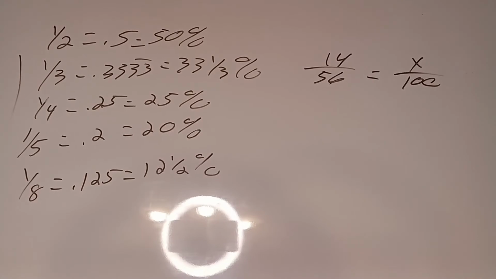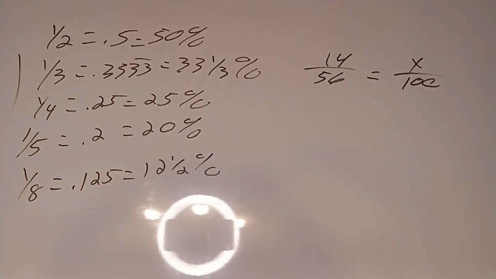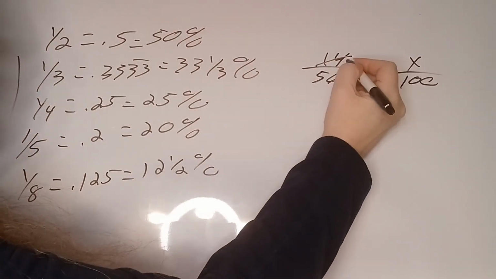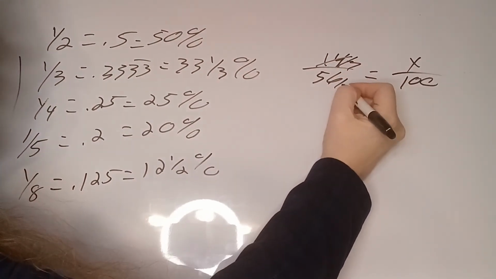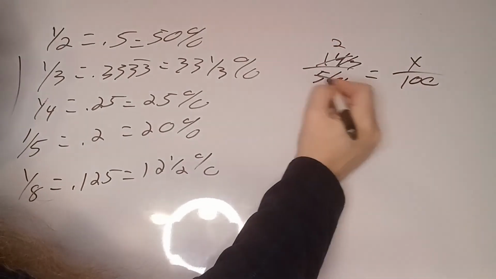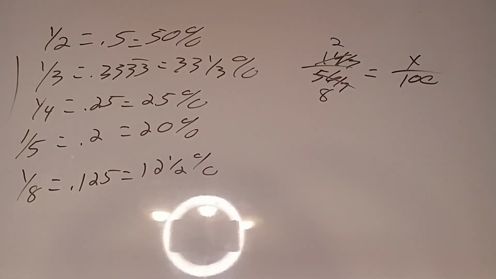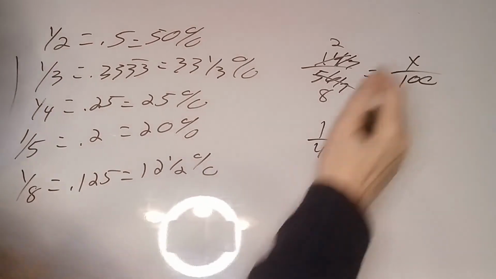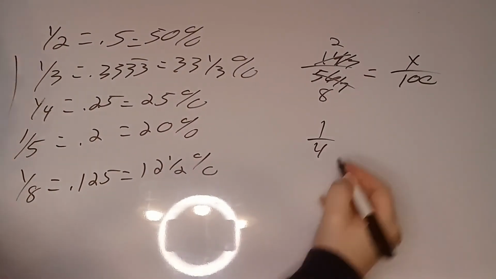We can take a 7 out of that, so we divide by 7. That gives us 2 up here and 8 down here. We can take another 2 out, and that gives us 1/4. So that's 25%.